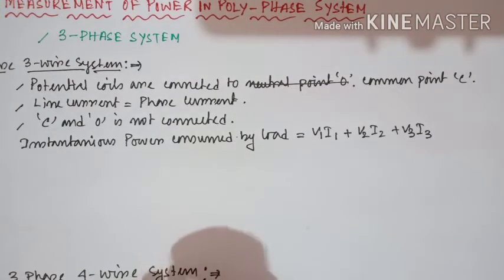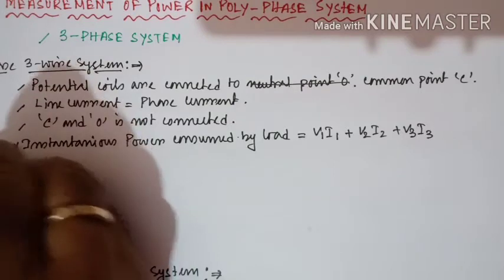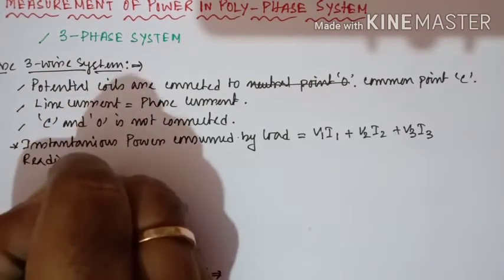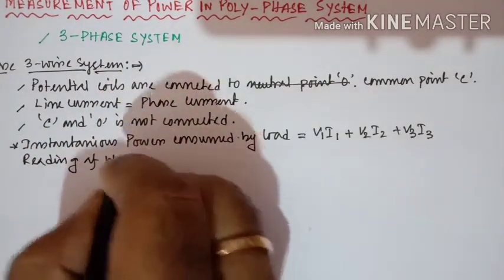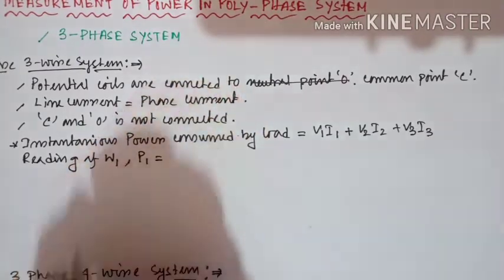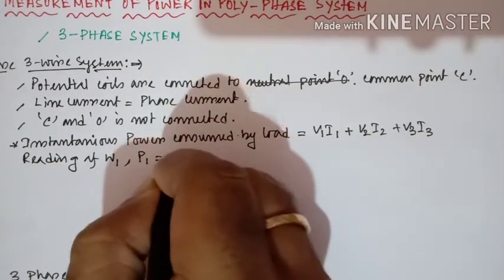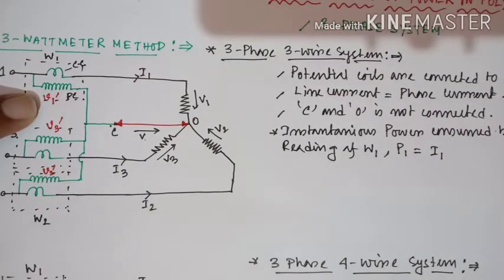Now what is the reading of the wattmeter? The reading of wattmeter W1, assume as P1. What is the value of P1? The current sensed by its current coil, that is I1, into the voltage sensed by its pressure coil, that is V1 prime.